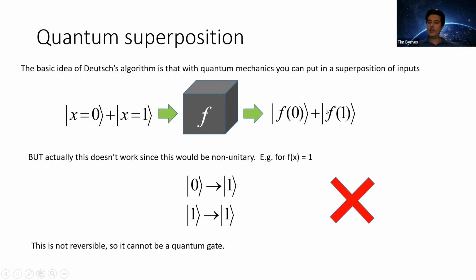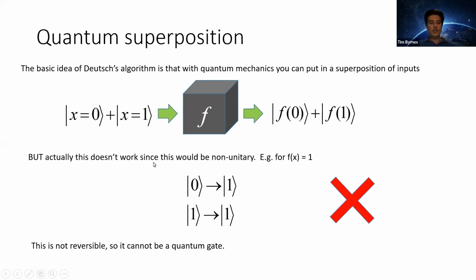When you do the measurement, you don't automatically get both results. They're there before you make the measurement, but after making the measurement, you don't actually get both results. So this isn't automatically a feasible quantum algorithm.